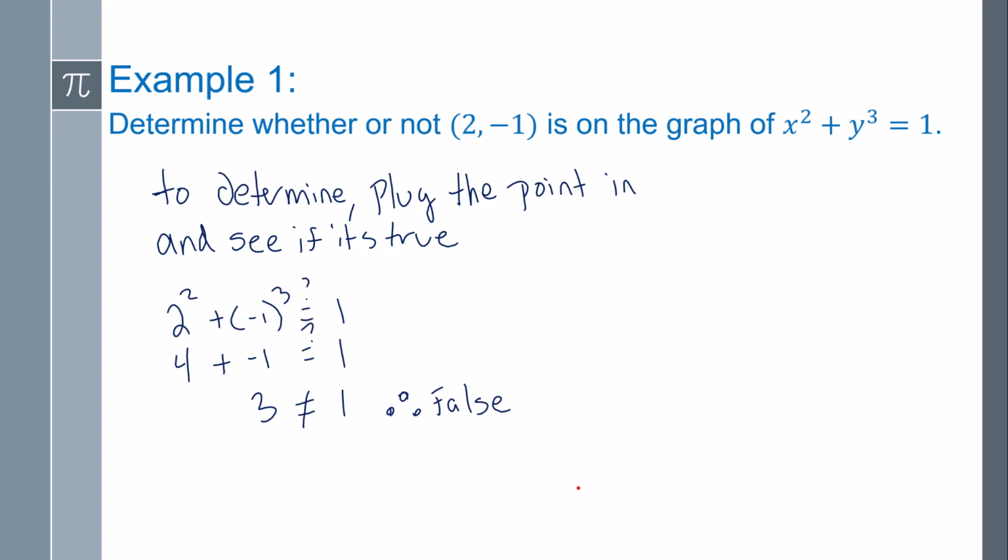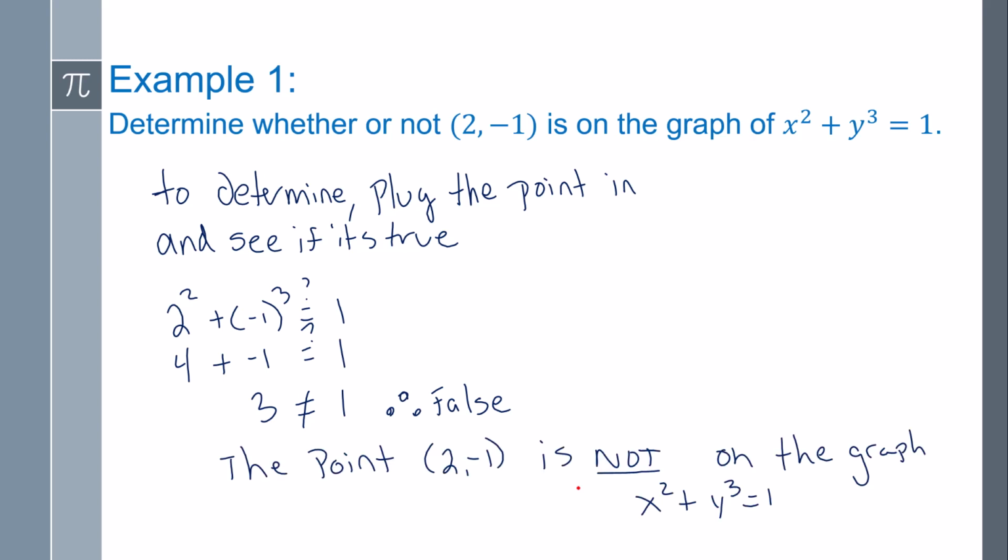Well, 3 doesn't equal 1. So it's false, and therefore we can conclude that the point 2, negative 1 is not on the graph of x squared plus y cubed equals 1. Now if it was true, then you could conclude it was on the graph.